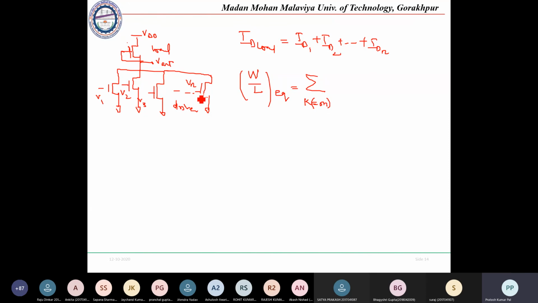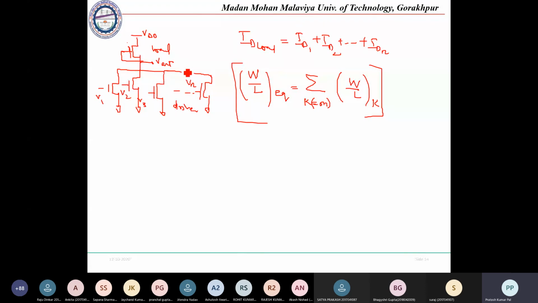Out of these n transistors, how many are on at the same time, we add the W by L of those. Okay, so this is how we should be expanding.